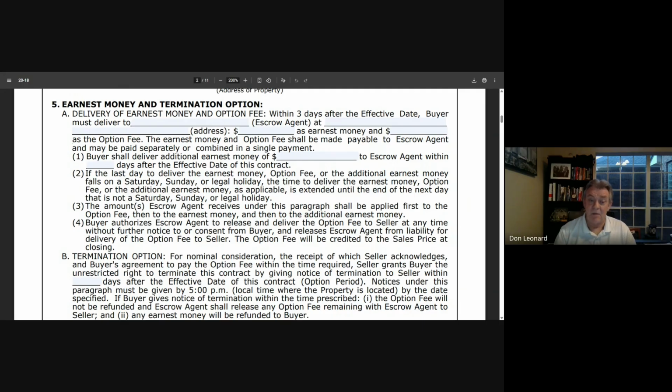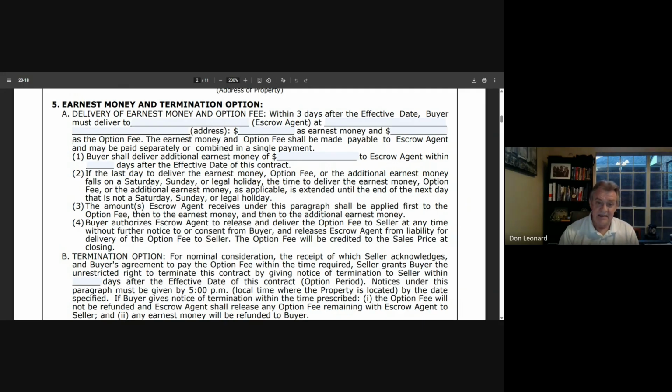Next blanks: how much is earnest money? How much is option fee? Negotiable. Anytime you see a blank, it tells you that it's negotiable. It can be any amount. Somewhere along the way, and I don't know where this happened, people started getting the idea that earnest money has to be 1% of the sales price.